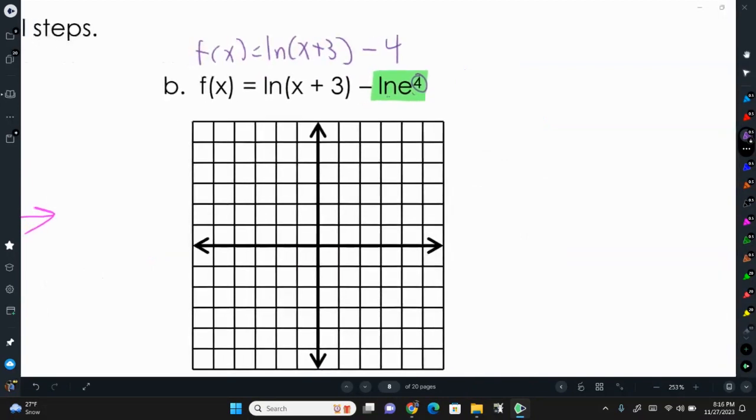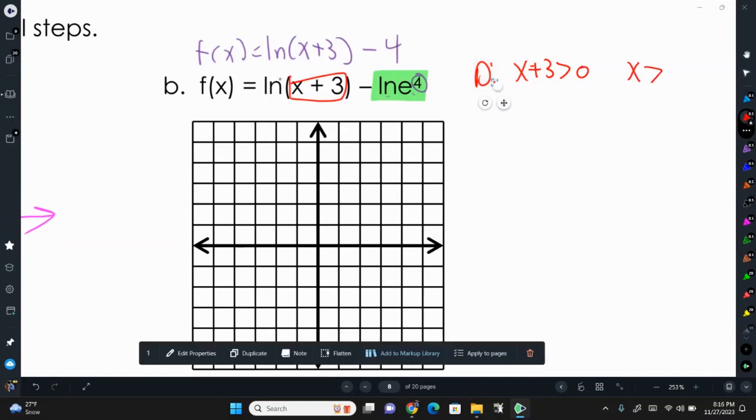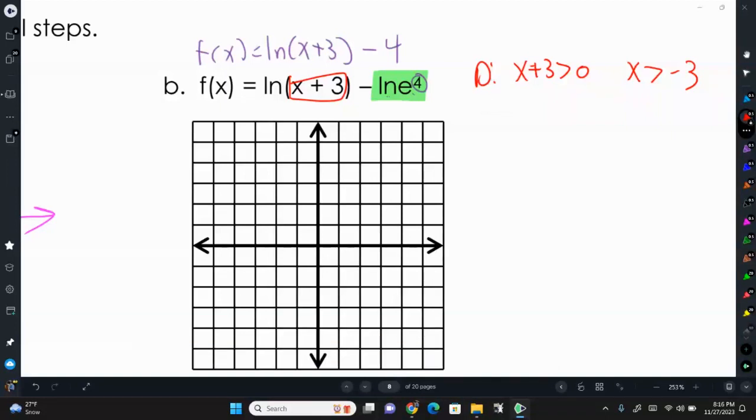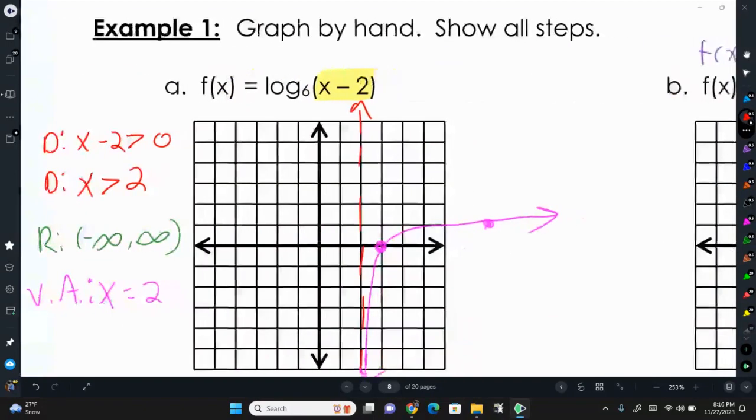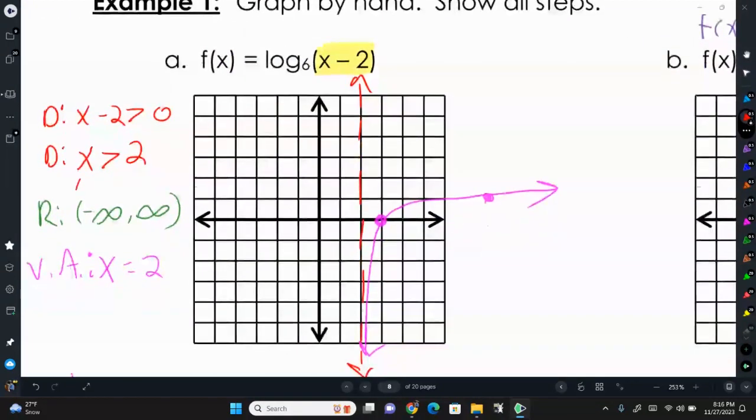So our domain, we're going to set the inside greater than 0. So x plus 3 is greater than 0. Minus 3 from both sides, we get x is greater than negative 3. So our domain is negative 3 comma infinity. I don't think I did that over here. Yeah, we should have written this one as 2 comma infinity.